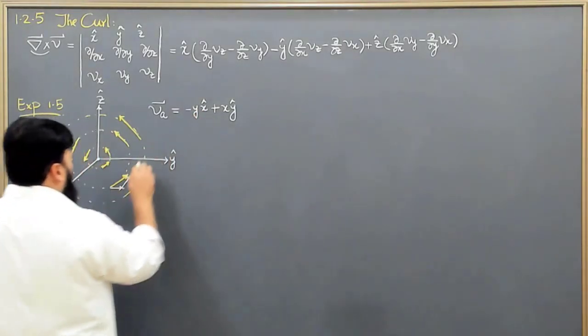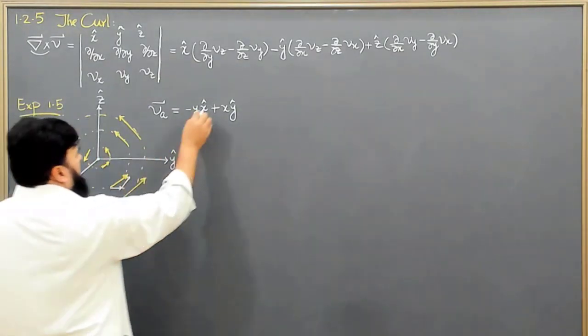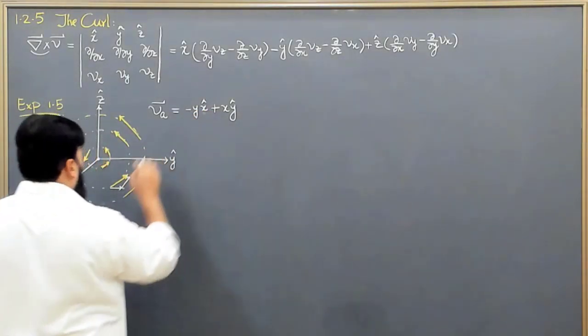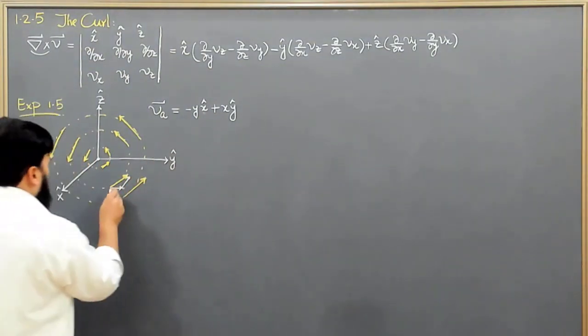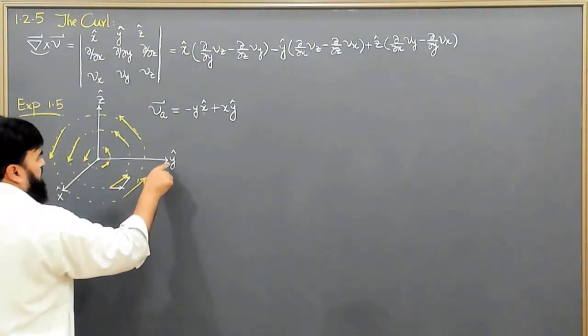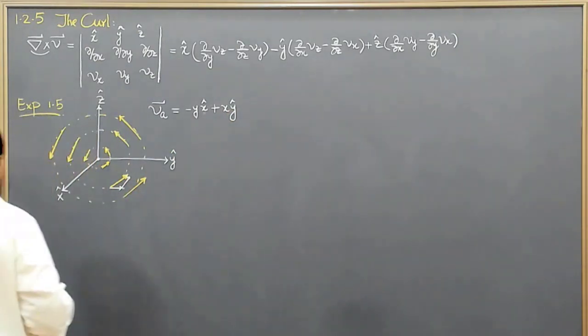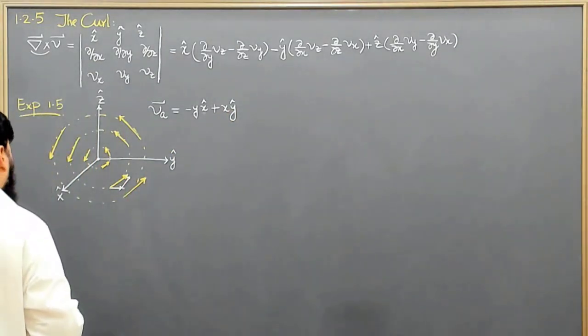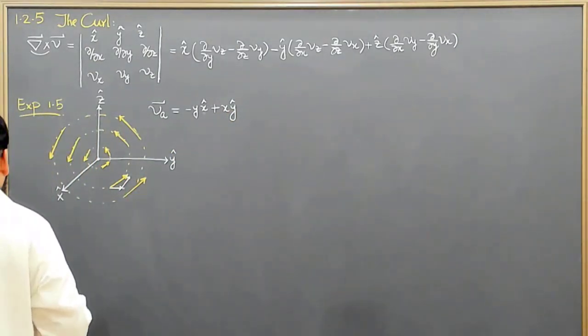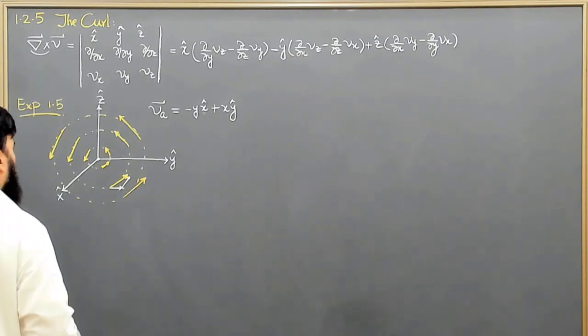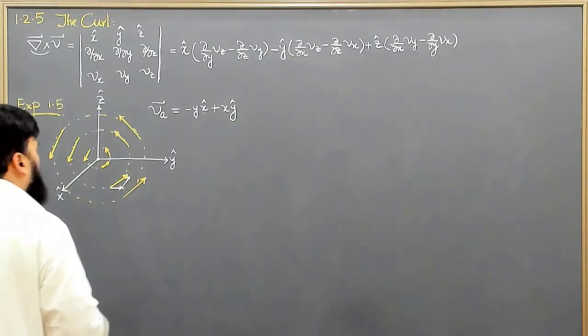So it is y magnitude in the minus x direction, while plus x magnitude in the plus y direction. So this is the vector that we are having. Now I want to find out the curl of this vector.